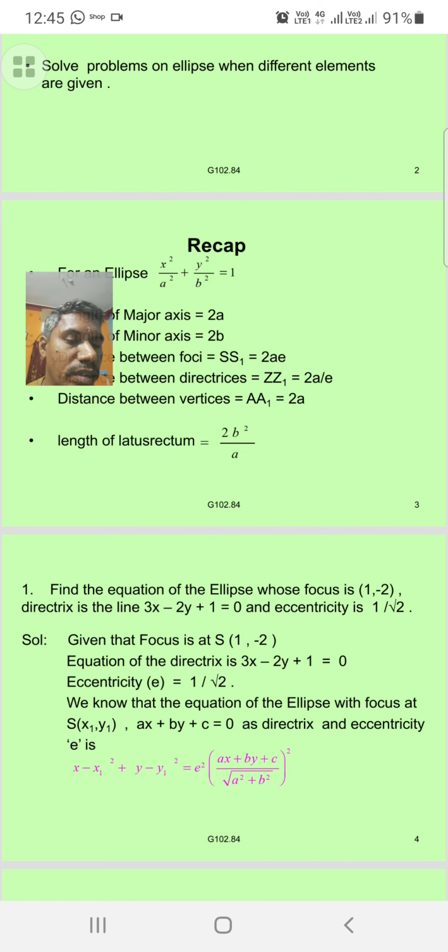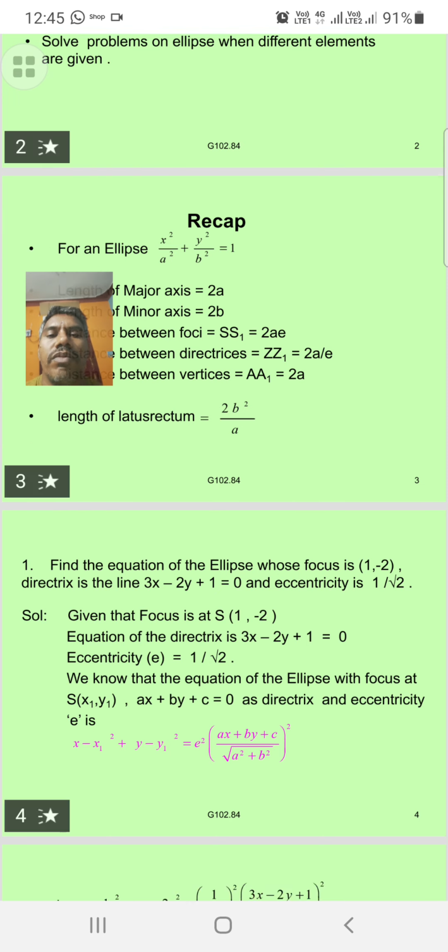If the equation is given, we can find the eccentricity easily because we compare with the standard equation to know the a and b values, then substitute in the eccentricity formula.